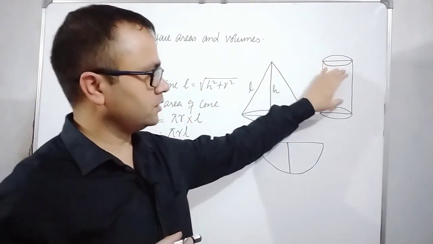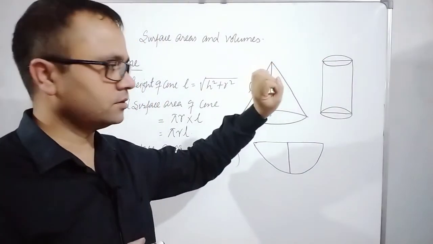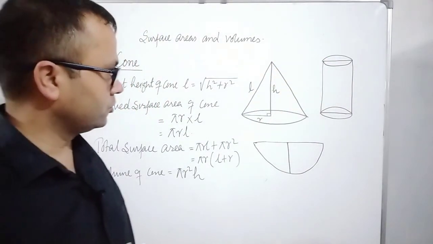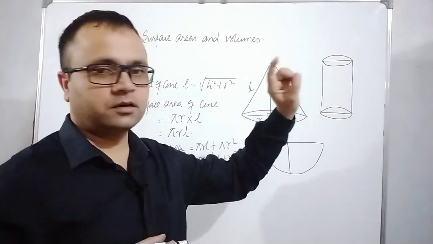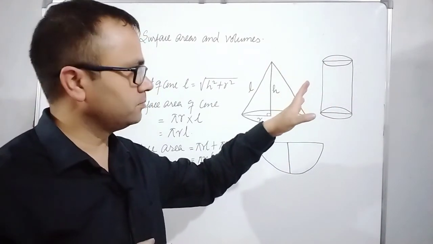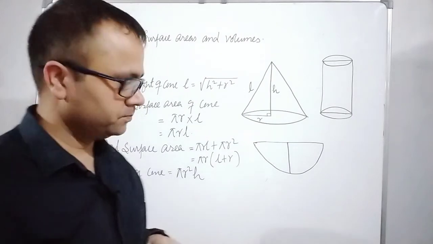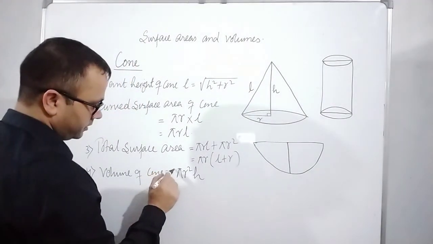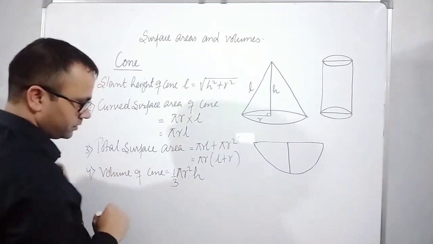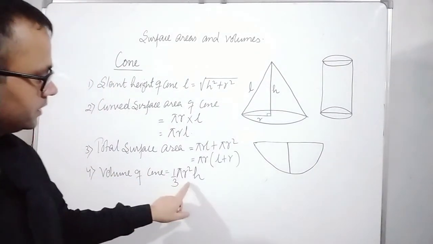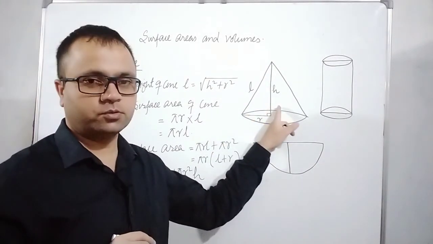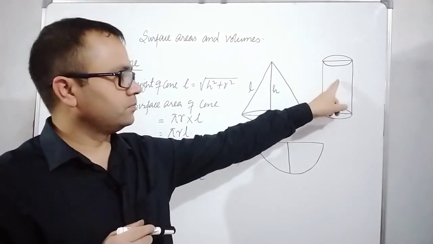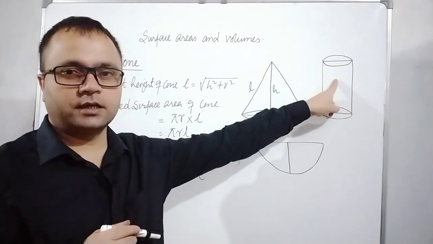So what is the volume of the cylinder? Volume of the cylinder is pi r square h. 1/3 part is cone. So that's why we will multiply here 1/3. So 1/3 pi r square h is the volume of cone, because the 1/3 part of the cylinder is cone.